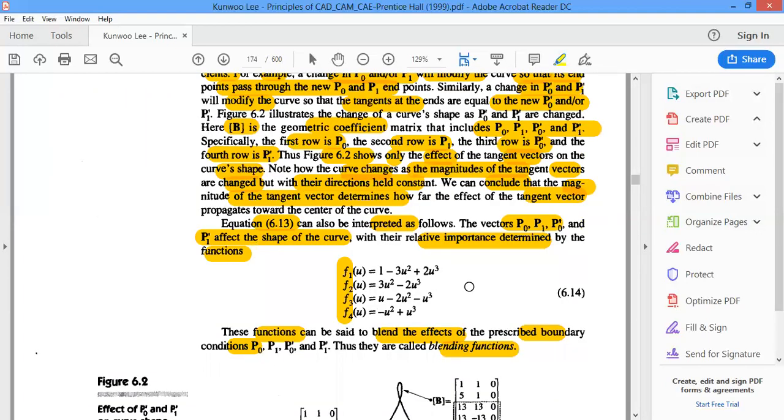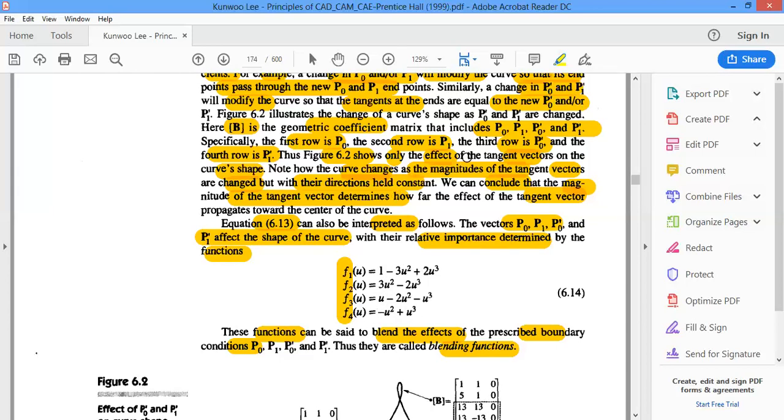Okay, so here they are going to take the geometrical coefficient to be as b, and whose matrix, as we just saw, for the first one it's going to be 1 minus 3u square plus 2u cube, and for the second function it's going to be 3u square minus 2u cube. The third function u minus 2u square plus u cube, and finally for the fourth function it is going to be minus u square plus u cube, right?